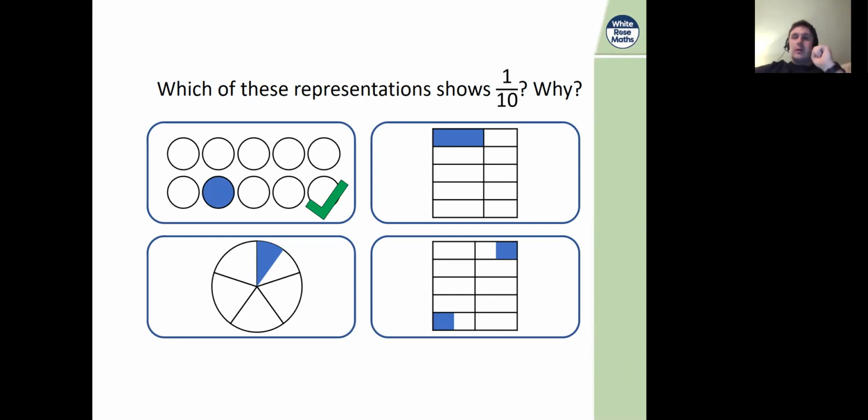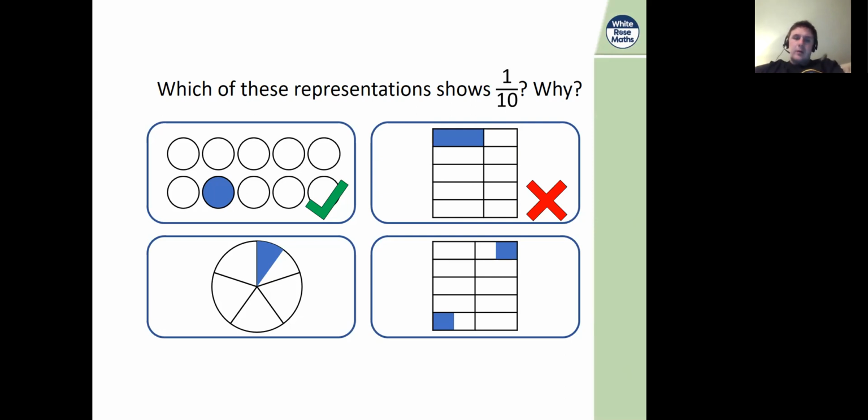It is one of 10 equal parts. With the second one, you can see there that we have 10 parts, but they're not equal. So although we have one part of 10 shaded in, we don't have equal parts. So that cannot be 1/10.